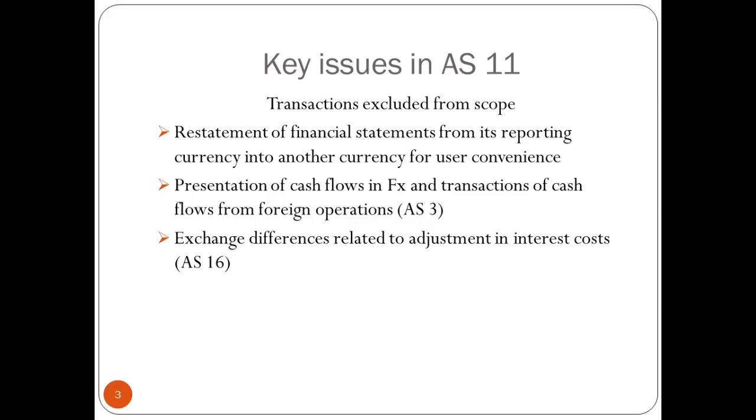Take the copy of accounts which are already drawn up in Indian rupees, convert all the amounts into foreign currency, that is US dollars, on the basis of a given rate of exchange and prepare the accounts for reporting purposes. Now here, this is merely restatement of financial statements from its reporting currency, which was Indian rupees, into another currency, which is US dollars, for user convenience. Such a transaction is not covered by AS 11.